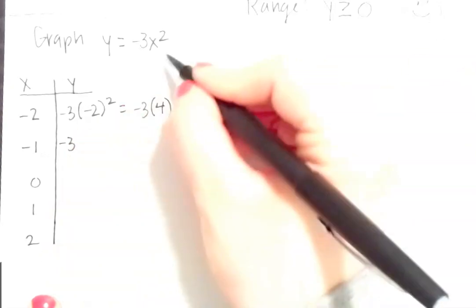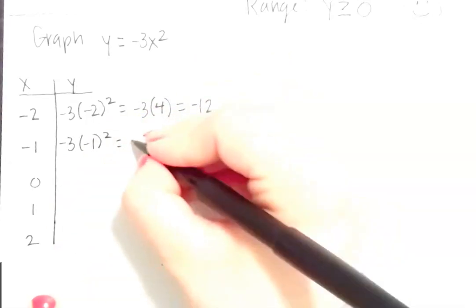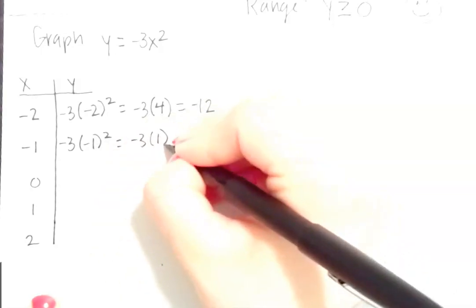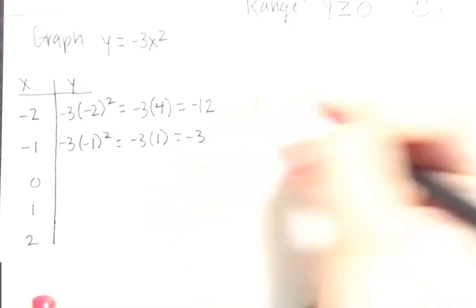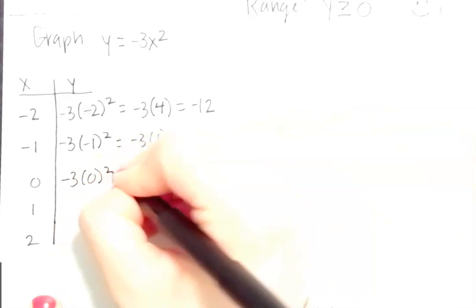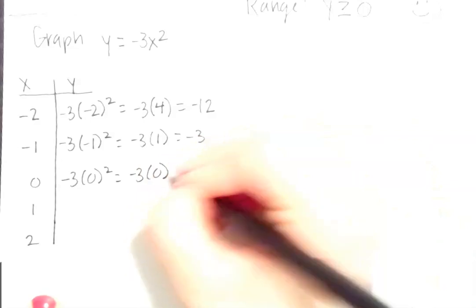Plug in negative 1 for x. Negative 1 times negative 1 is just 1. Negative 3 times 1 is negative 3. Plug in 0. 0 times 0 is just 0.